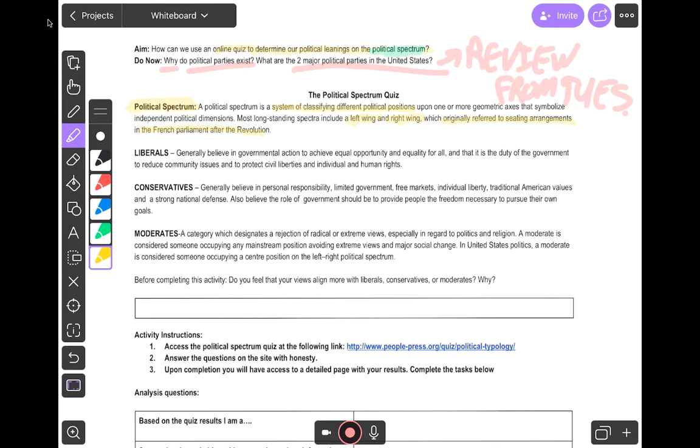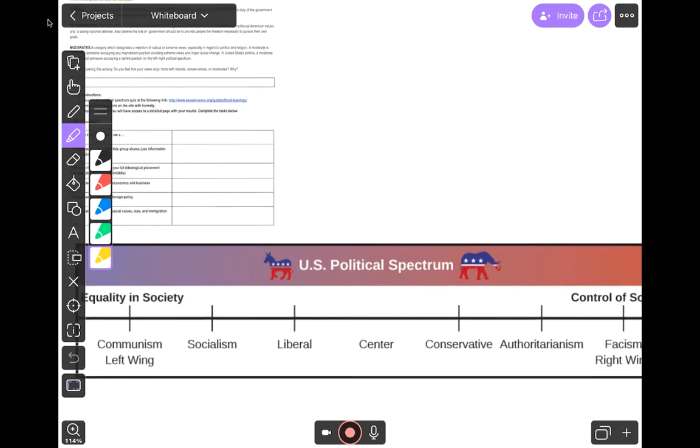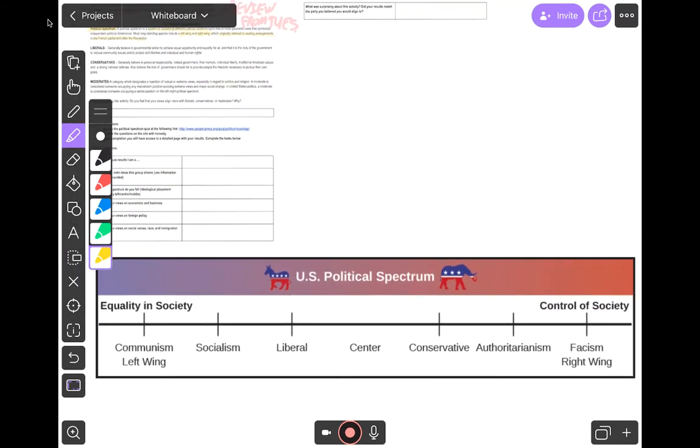Before we get into the different categories, I want to show you what this looks like. We see down here that this is the political spectrum in America, and we have the center being in the center. As we move more right, we hit what are known as conservatives. Conservatives are considered more right-leaning based on this spectrum.